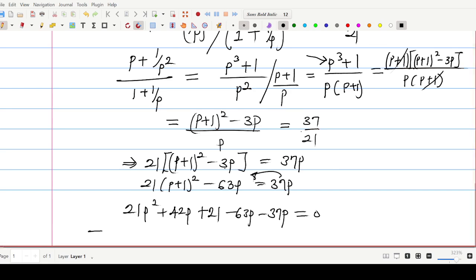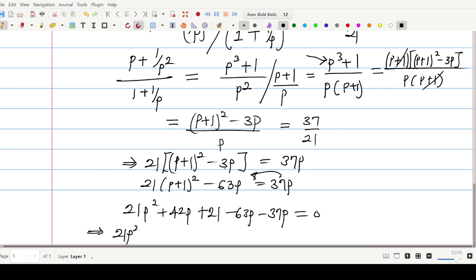That is 42 minus 63 minus 37, which gives us minus 58. So I think there's no error. We have minus 58p plus 21 equal to 0.